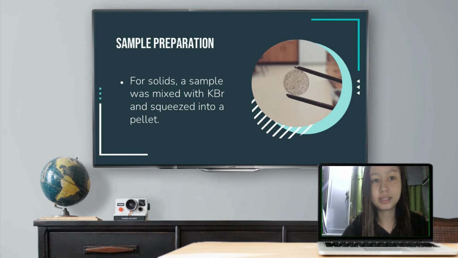Only a small amount of the sample was needed in creating a disc. That's about 2 mg of the sample in every 150 or 200 mg of potassium bromide. This mixture was mixed and ground uniformly, and a pinch of it was placed in a pellet set. The pellet set was squeezed with a press, and this creates a disc of potassium bromide with the sample in it. Here in the photo is an example of a potassium bromide pellet.